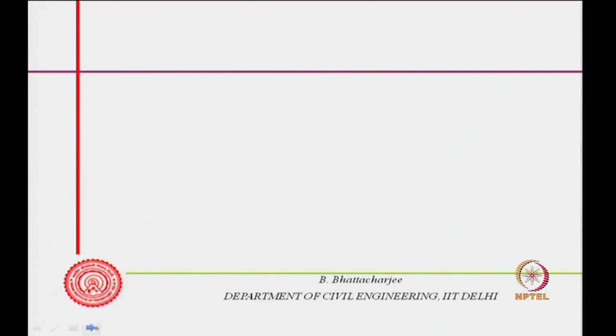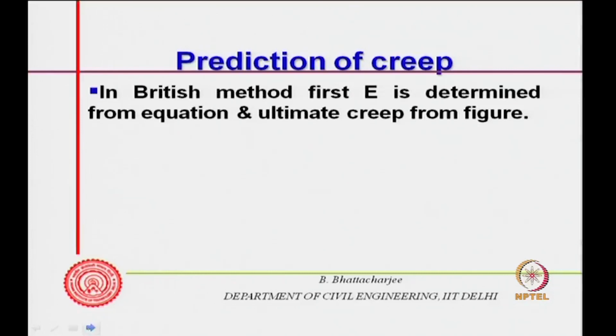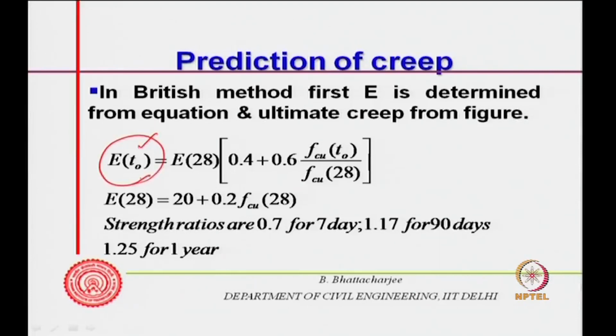So, that is the British method, and in this one what you do is, first E is determined from an equation and ultimate creep from a figure. So, E is given as E t0, that is at any time. Modulus of elasticity at any time is important, because at whatever time, the modulus of elasticity is not known.